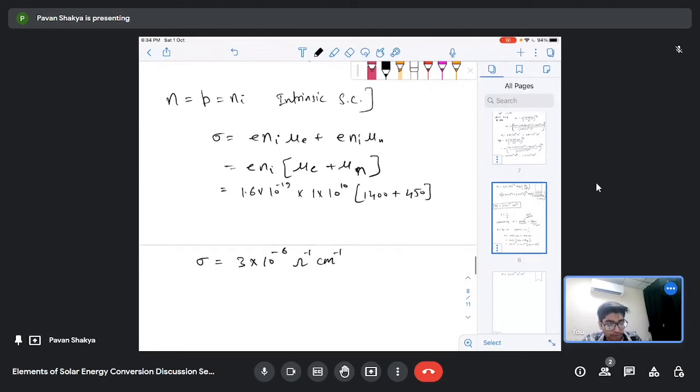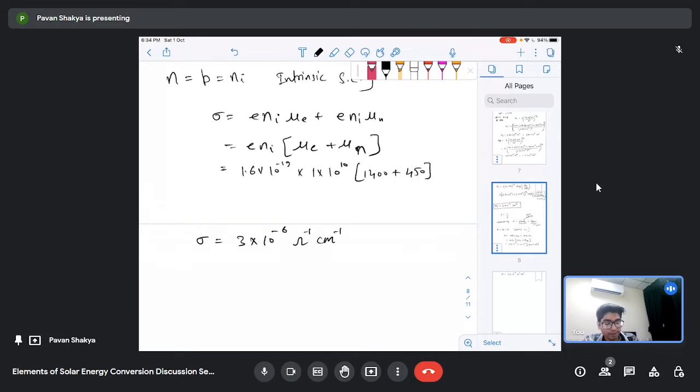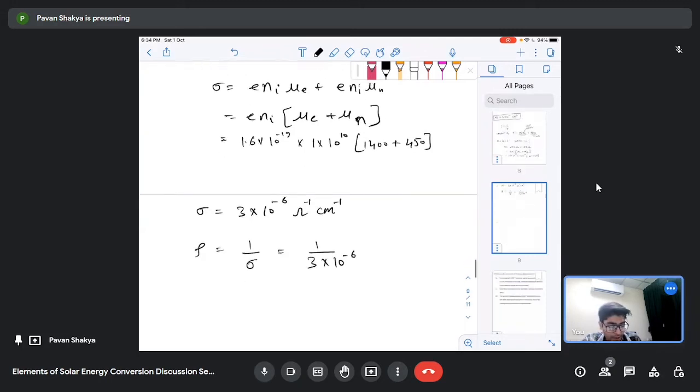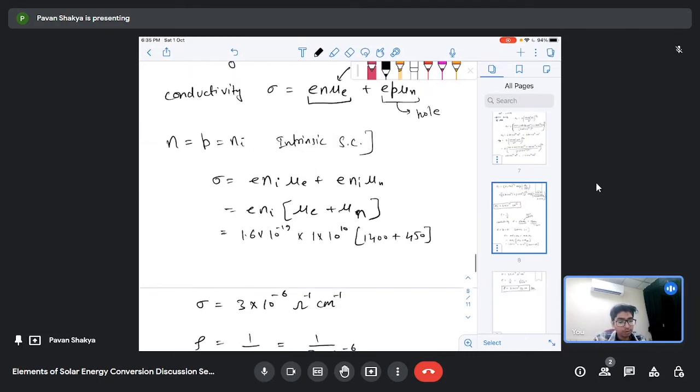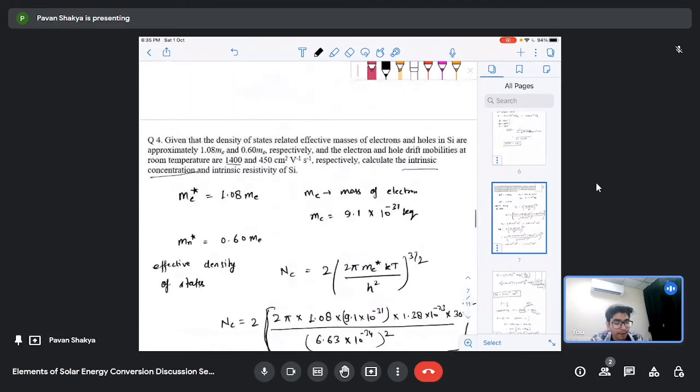After calculating the conductivity, we find the resistivity as 1 by sigma, that is 1 divided by 3 into 10 to the power minus 6, and it comes out as 3.3 into 10 to the power 5 ohm centimeter. So this is the answer. These two things asked in the problem have been solved.